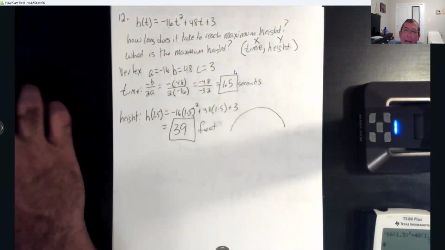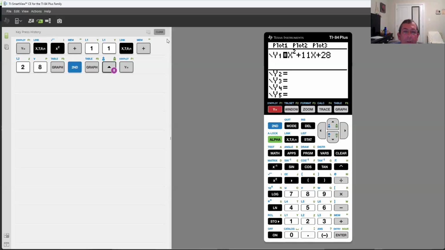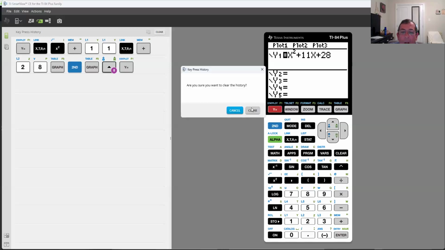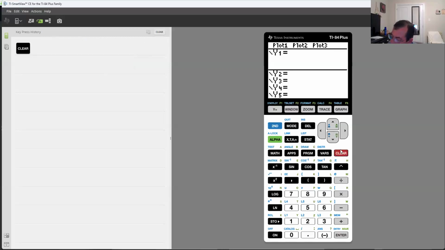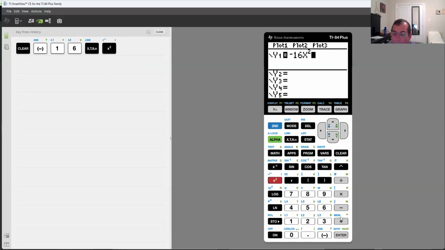Let me go to my calculator. So you went to your TI calculator, and you went to y equals, and you put in negative 16x squared plus 48x plus 3, something like that, right?